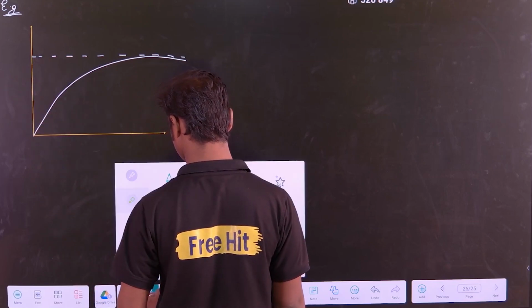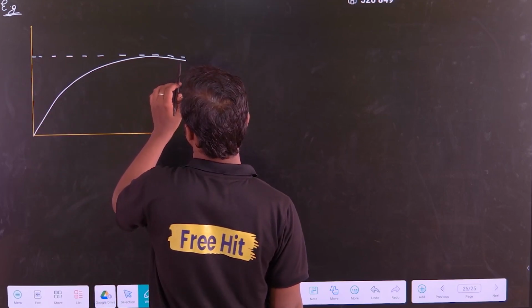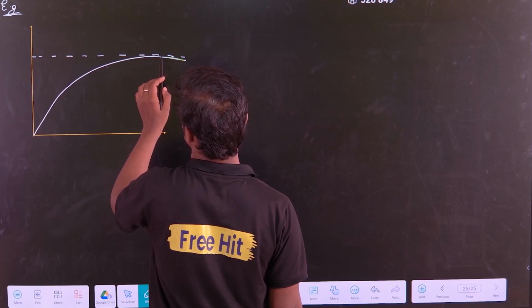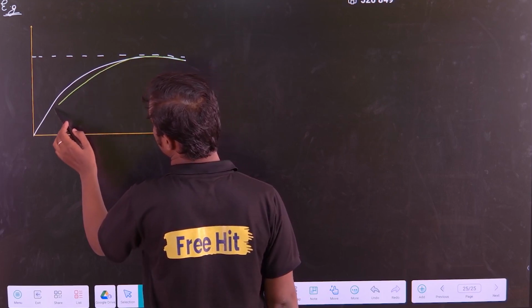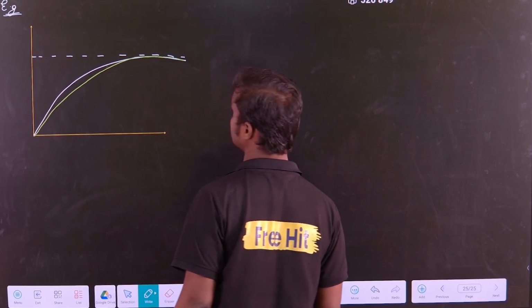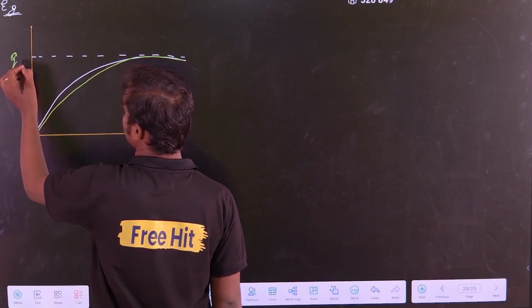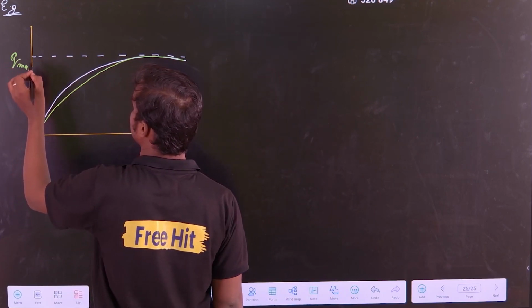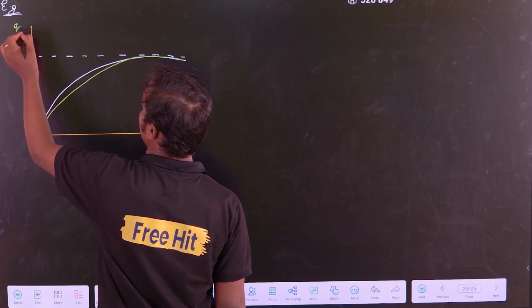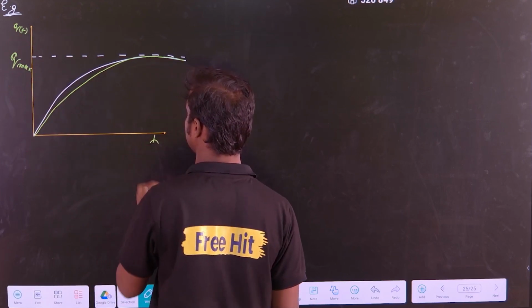Okay, this is one graph, and we have another graph also. This is my Qmax, this is Q of t, this is time t.